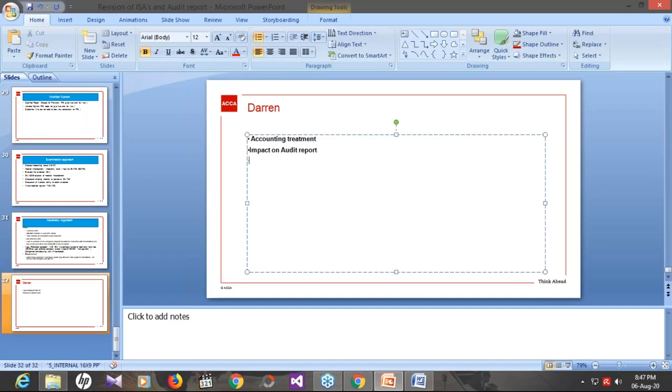And the third thing is any further actions. So we should discuss any further actions prior to the impact on the audit report.